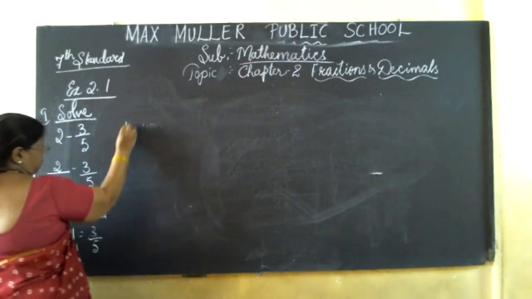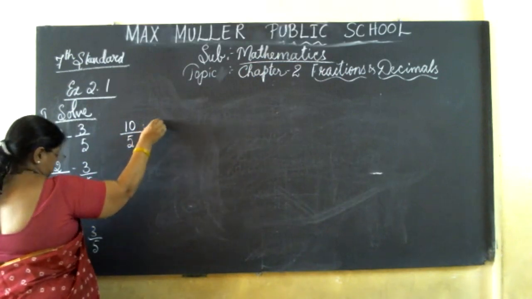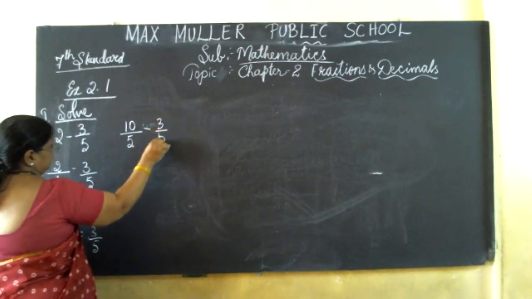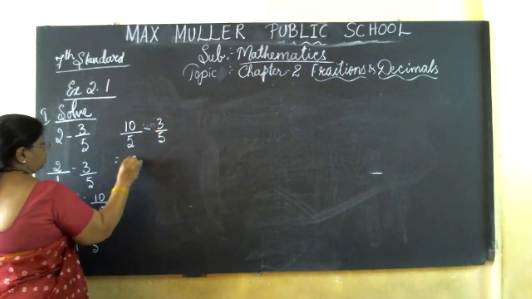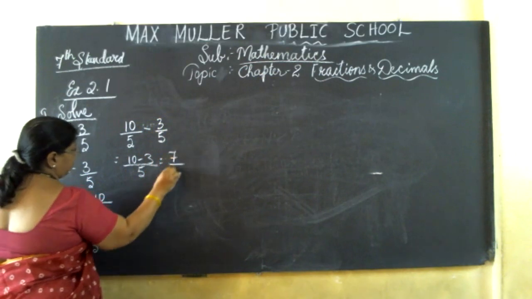We have to equalize the denominator, then we are subtracting. 10 minus 3 by 5 is equal to 7 by 5.